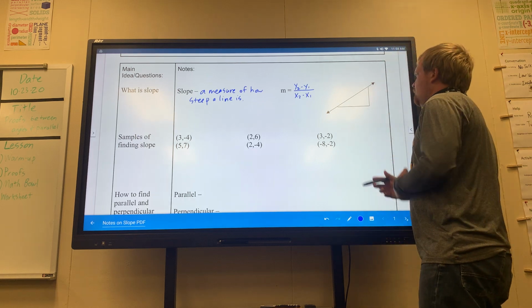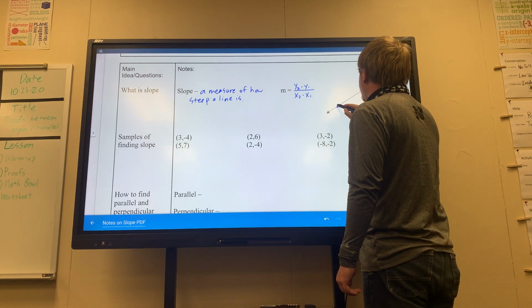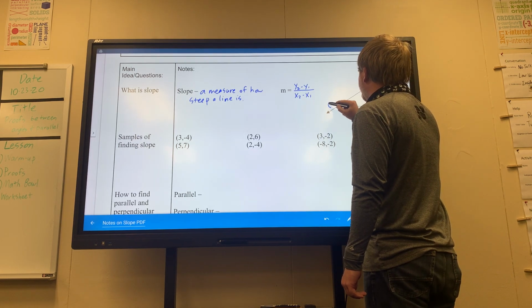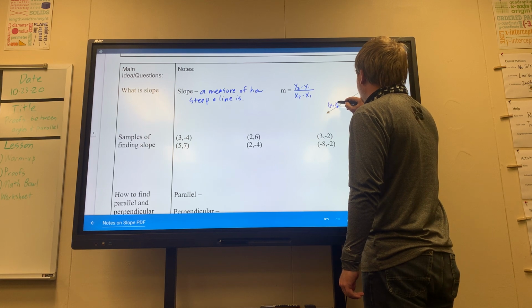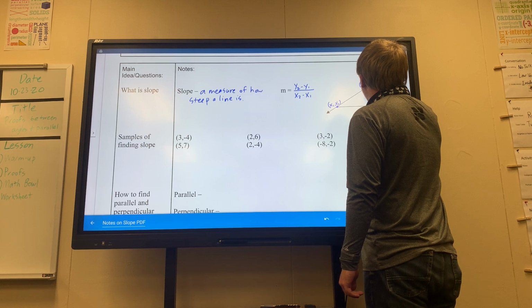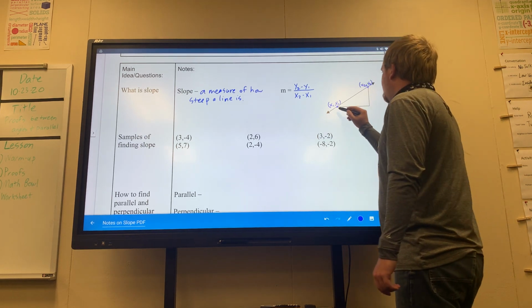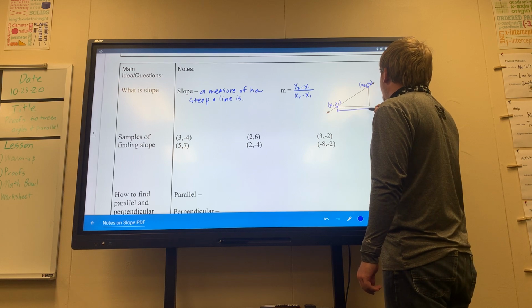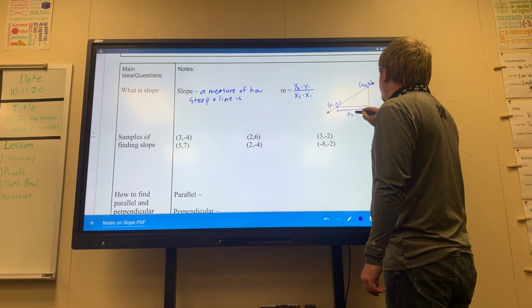So, just to show you what we mean, if this is x1, y1, and this point is x2, y2, I know from here to here, that's x2 minus x1.